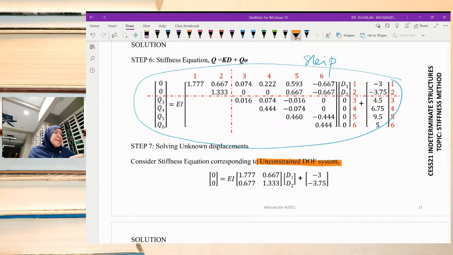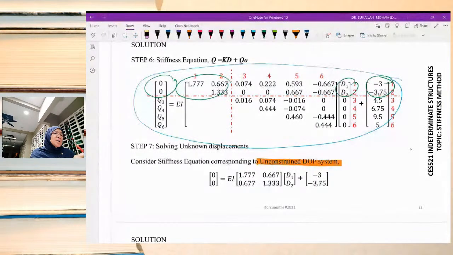So we just need to have these two. Of course in your mind you should be able to have this in mind, because we will solve the unknown reaction also using this equation.